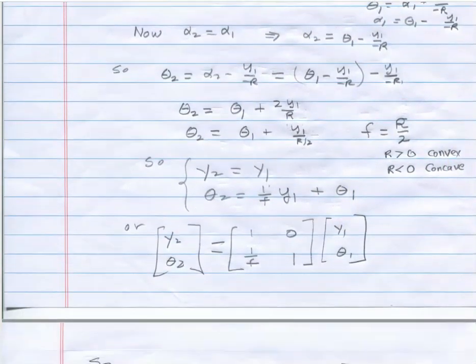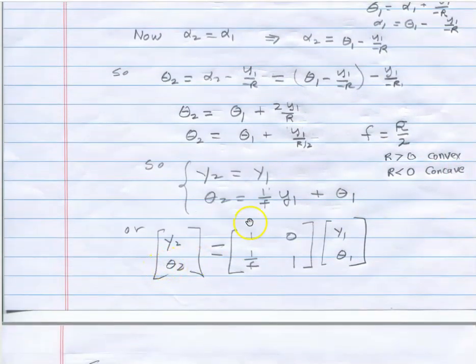Once you have that, then you can read off the matrix of coefficients to get the transfer matrix. The column vector y2 theta 2 is the matrix of coefficients times the column vector y1 theta 1.